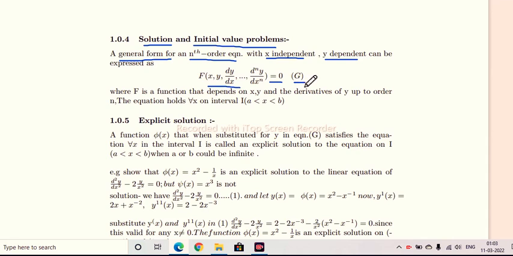Say this is equation G, where f is a function that depends on x, y and the derivatives of y up to the order n. The equation holds for all x on the interval I. It means all the solutions of the differential equation in this interval.